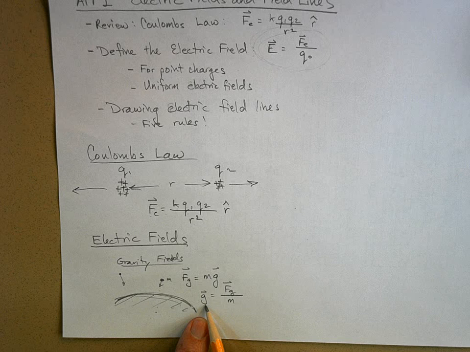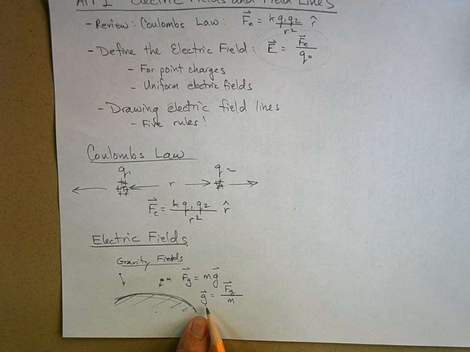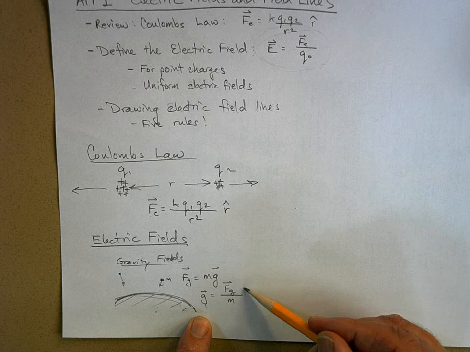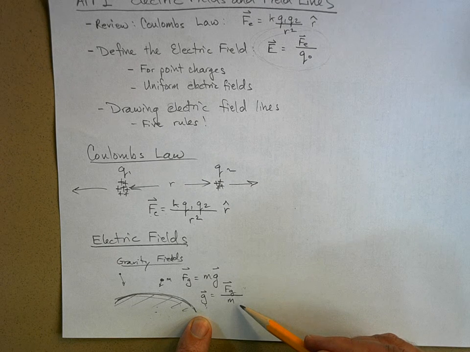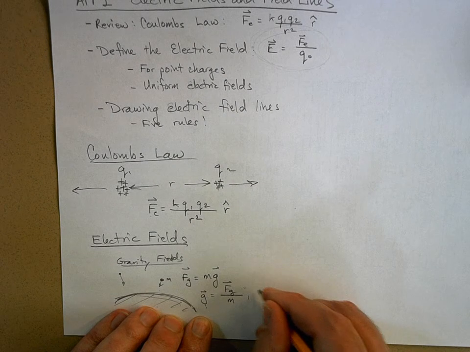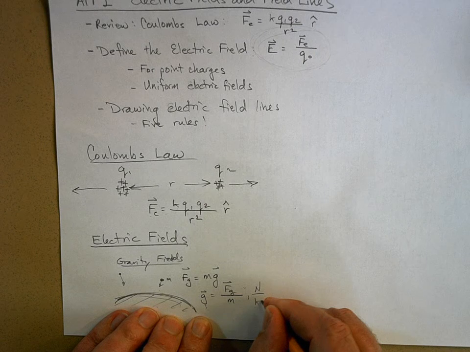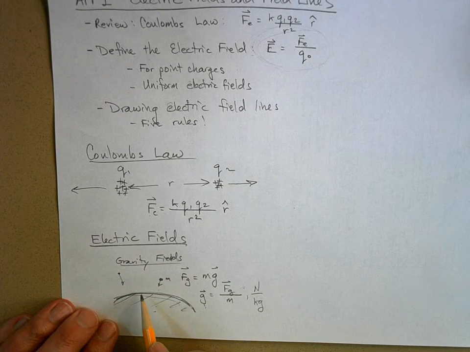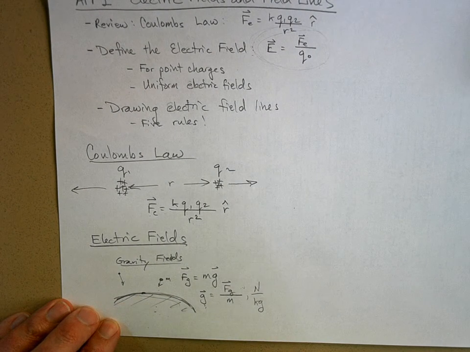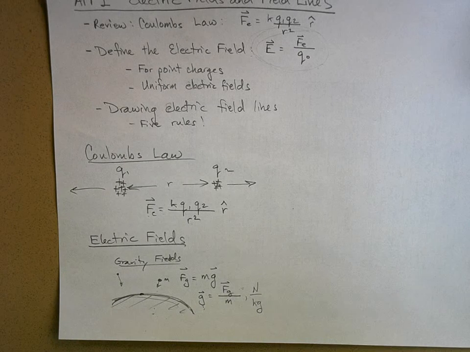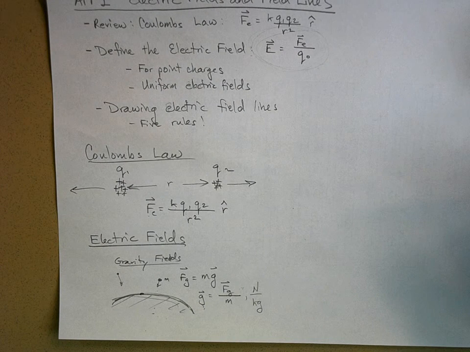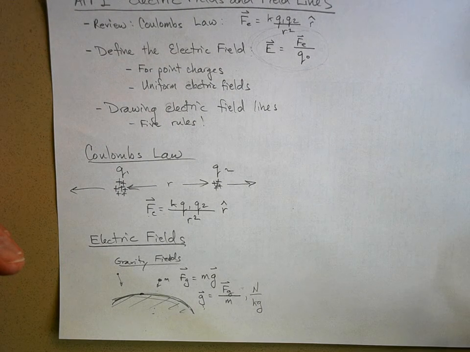This right here is a gravity field. It tells us how much force we're going to get because we have a certain amount of mass. So that's newtons of force per kilogram of mass, right? And at the Earth's surface, we know what that gravity field is, right? It's 9.8 newtons of force per kilogram of mass.